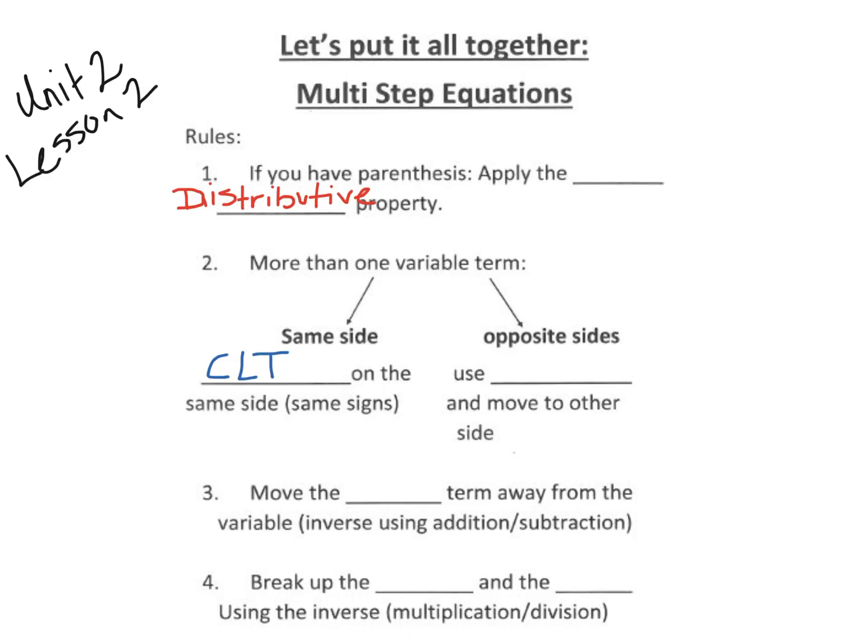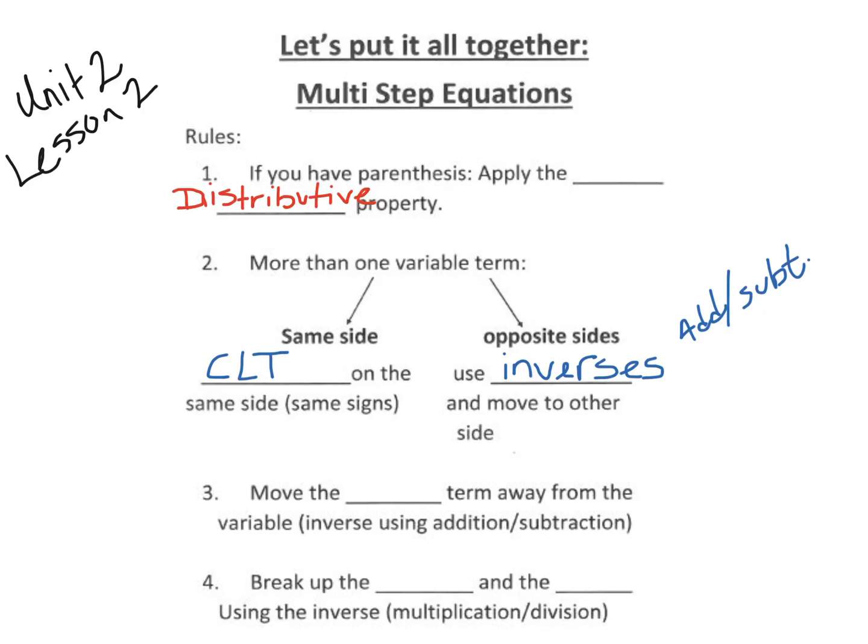If the variable terms are on opposite sides, we're going to still circle them, but we will need to use inverses to combine them. All right? And those inverses are always going to be addition or subtraction. Okay, so subtract.